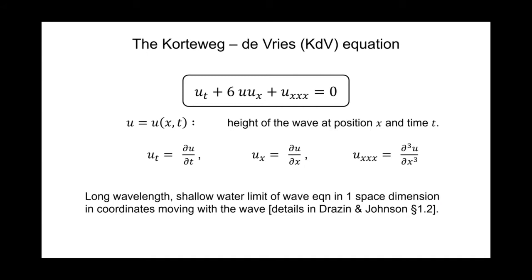So if you're interested in the details of the derivation of this equation from the more complicated equation that describes the physics of water waves moving in one space dimension, I recommend section 1.2 of the book by Drazin and Johnson, which has more details, but we won't need those details for this course, so we'll just focus on the KdV equation itself.